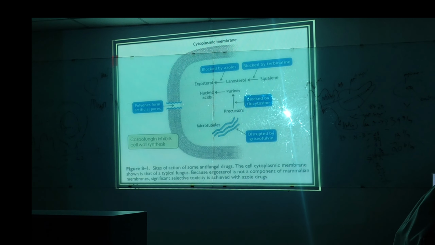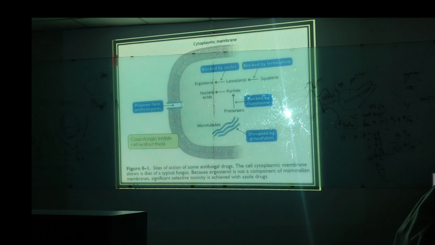Okay, so these are the different antifungals and their sites of action. You have your terbinafine. This will prevent the conversion of your squalene to lanosterol. And then the azoles will prevent the conversion of your lanosterol to ergosterol. And then your flucytosine will be blocking the formation of your purines, which you need for nucleic acid synthesis.